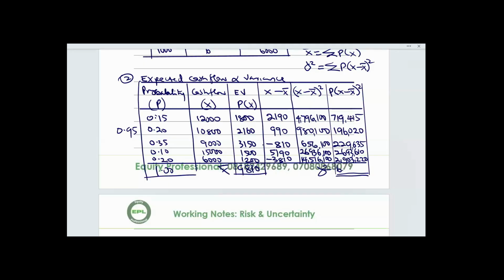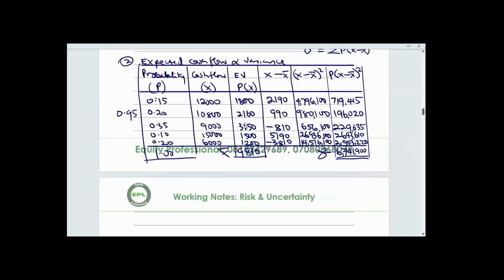The total is 6,741,900. So that's the variance.